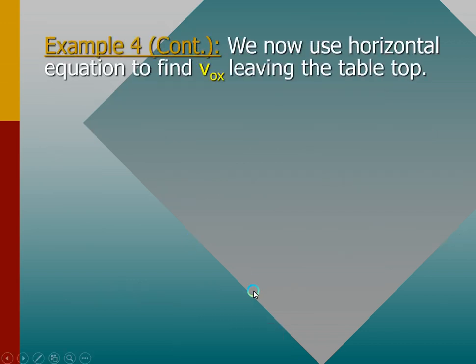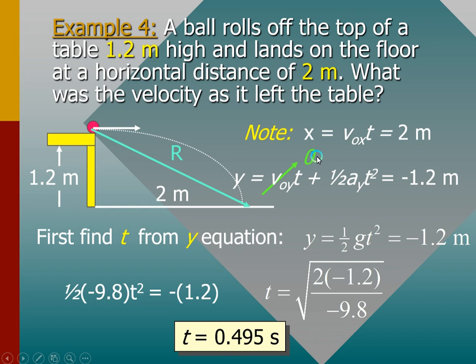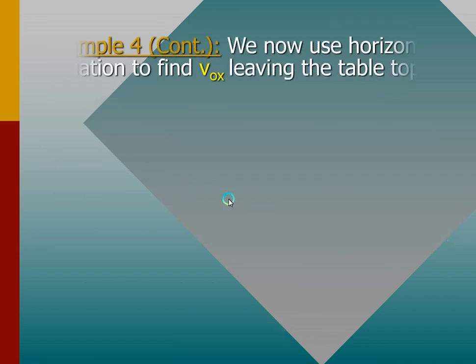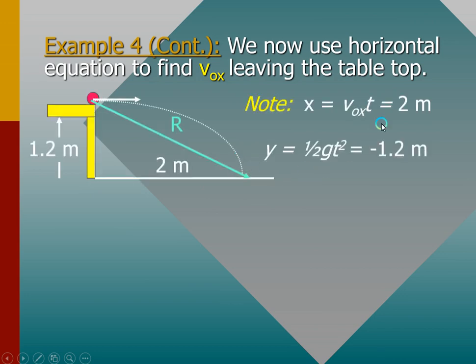Next, we can now use the horizontal equation to find VOX, or our initial velocity leaving the tabletop. We got the time. Take note, with this horizontal distance, we can get the horizontal velocity. We have 2 meters, and then the time of 0.495 seconds.